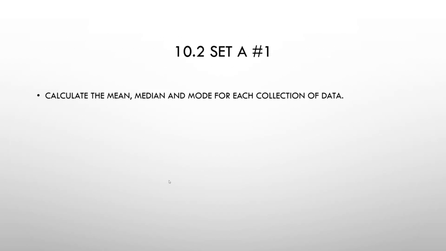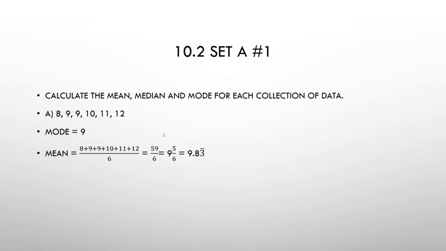So we're going to start with problem number 1 from set A. It says to find the mean, median, and mode for each collection of data. My first set of numbers is 8, 9, 9, 10, 11, and 12. The mode is 9 because there are 2 9s, and everything else, there's only 1 of that number.